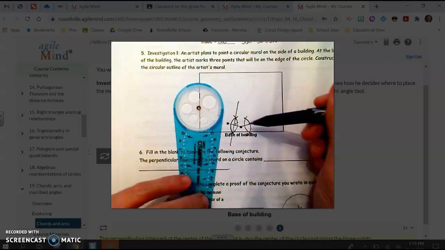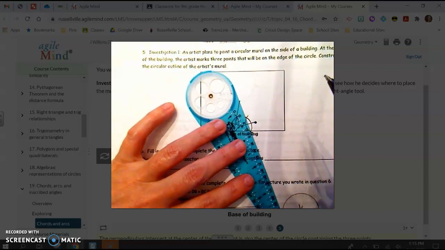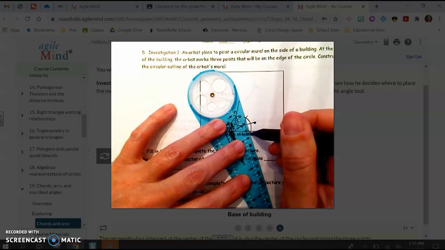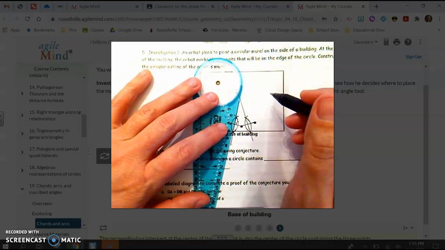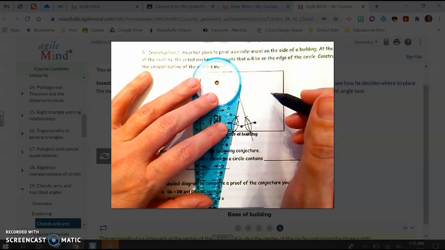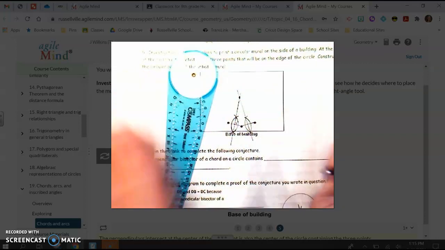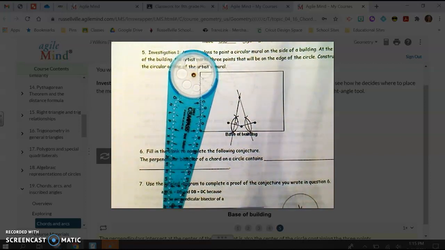Where they intersect will create your perpendicular bisector. I'm going to need to extend this one because I want them to intersect, because where they intersect will be the location of the center of my circle. So here's going to be the center of my circle. These three points are going to be on the circle.